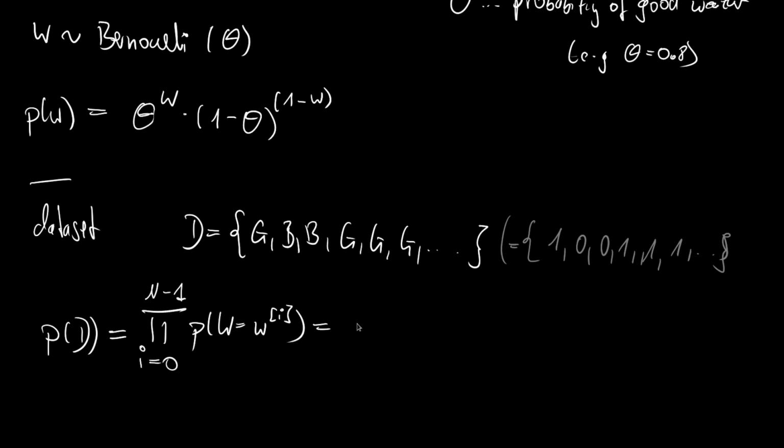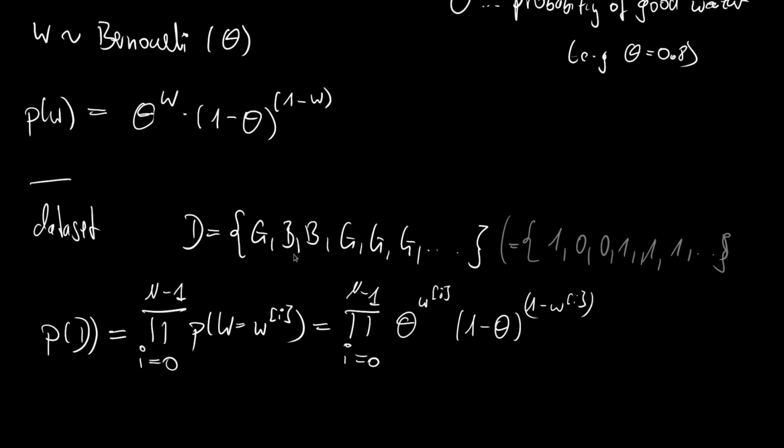And if we then plug this in, we get the product from 0 to n minus 1 over theta to the power of the ith weather sample times 1 minus theta to the power of 1 minus the ith weather sample.